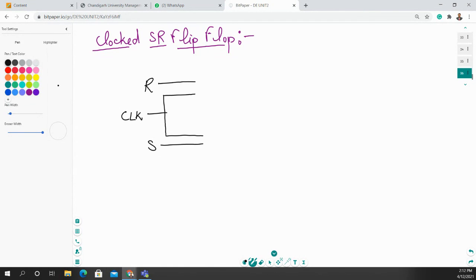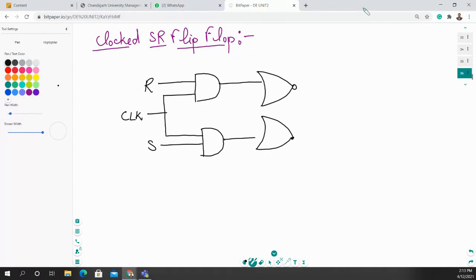Okay, so this is the clock signal. So your input is to be provided to the AND gate, because you have to start R flip-flop, you have to start S flip-flop. NOR gate. I have told you NOR gate and NAND gate you have to use for this particular circuit, by the cross coupled connection.